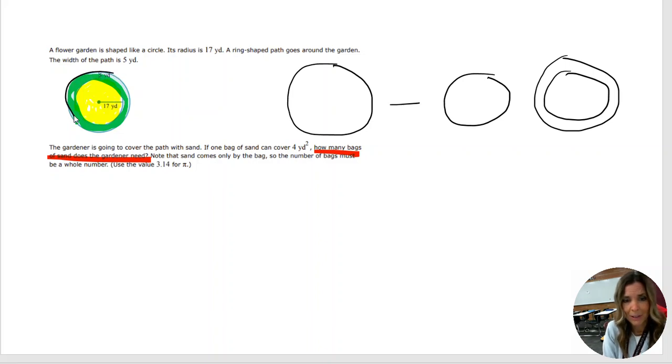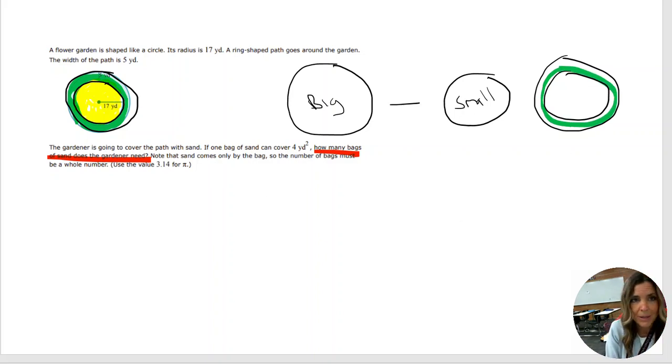We are going to need to know the area of the small inner circle, and then subtract the area of the small inner circle from the area of the big circle. And that's going to leave us with the area of the path.